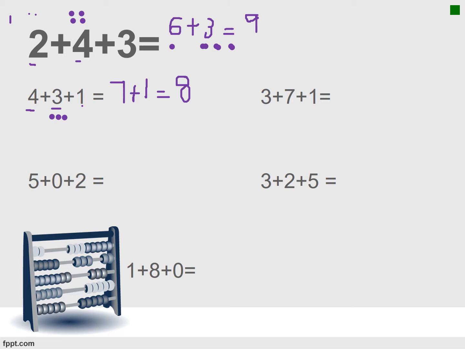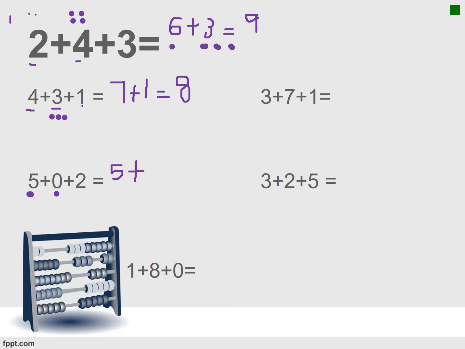Okay, let's do the next one. Let's add the first 2 numbers. What are the first 2 numbers? 5 and 0. So when you add 5 with 0, the answer is just 5. And then you will add the third number. What is the third number?